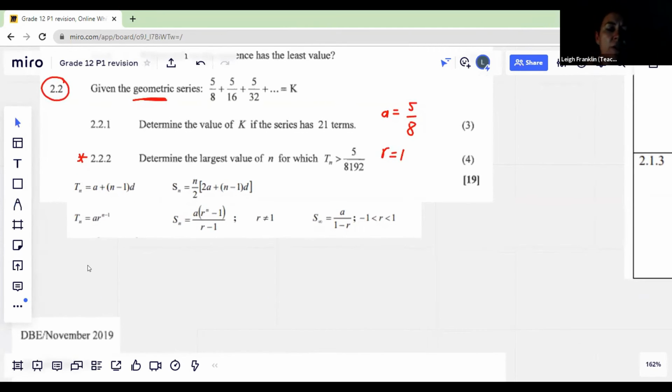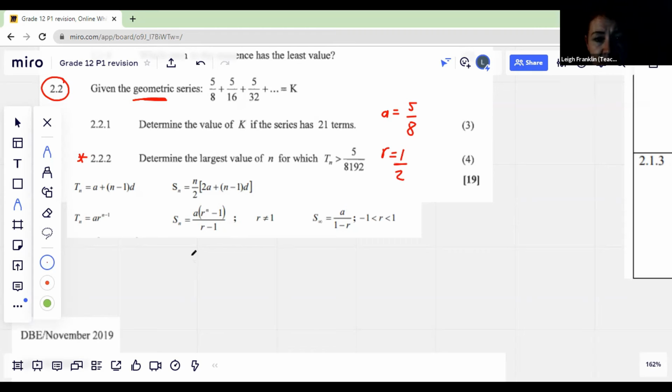So they want us to calculate the largest value of n for which Tn, your R was a half. Yeah, sorry, I left the divided by 2 over. I also got a half as my R. Okay, so your Tn would be A R to the n minus 1.